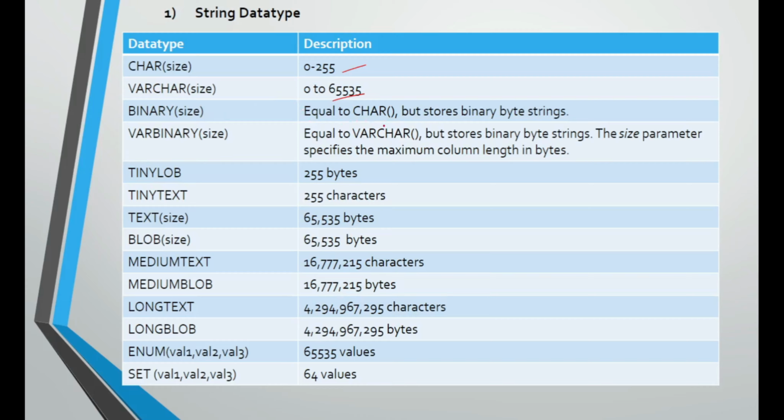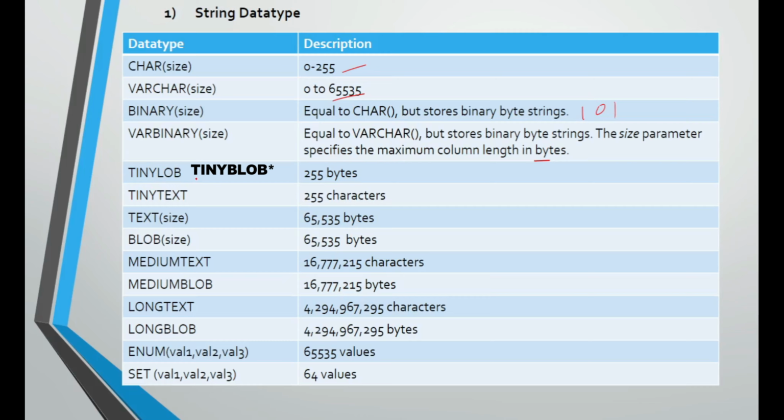Again it is equal to char, but stores binary byte strings. That means it stores in the form of 101, so that is the bytes. And then we have varbinary. Here it is equal to varchar, but stores binary byte strings. The size parameters specify the maximum column length in bytes.